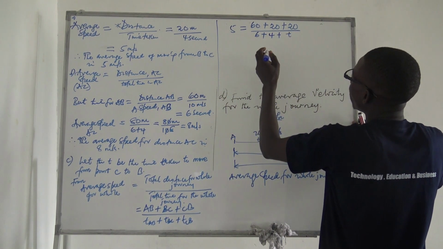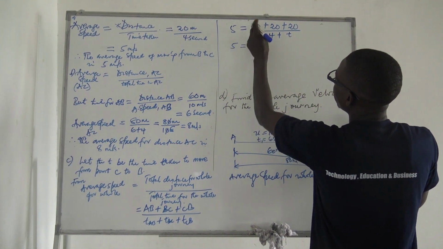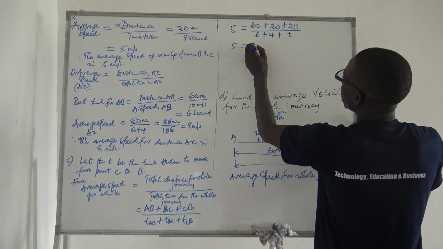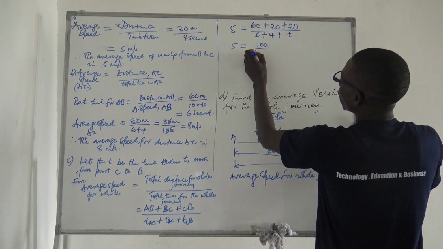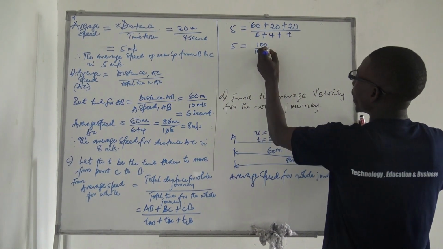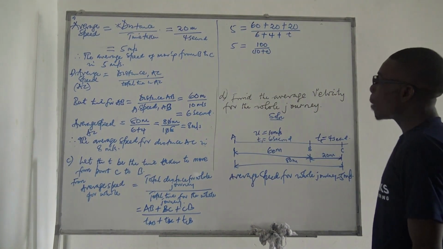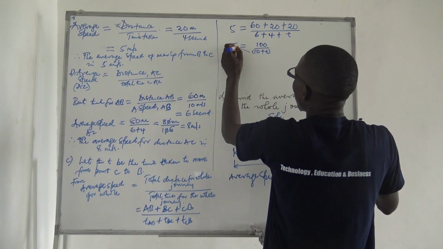Clear? And then this one can now end in 5 is equaling to, if you add that, you'll get it as 100. Is that okay? Out of 10 plus T. Clear? And then if I'm having that, I can cross multiply.